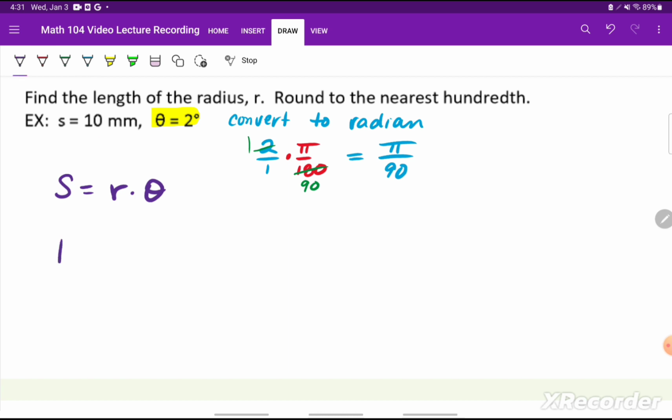So 10 in for s. r is what we're looking for, times our theta, which is pi over 90. To solve for r, right, we've got to get rid of that multiplication by pi over 90. So we'll divide by pi over 90, which is the same as multiplying by the reciprocal. So I'm going to think of it that way.